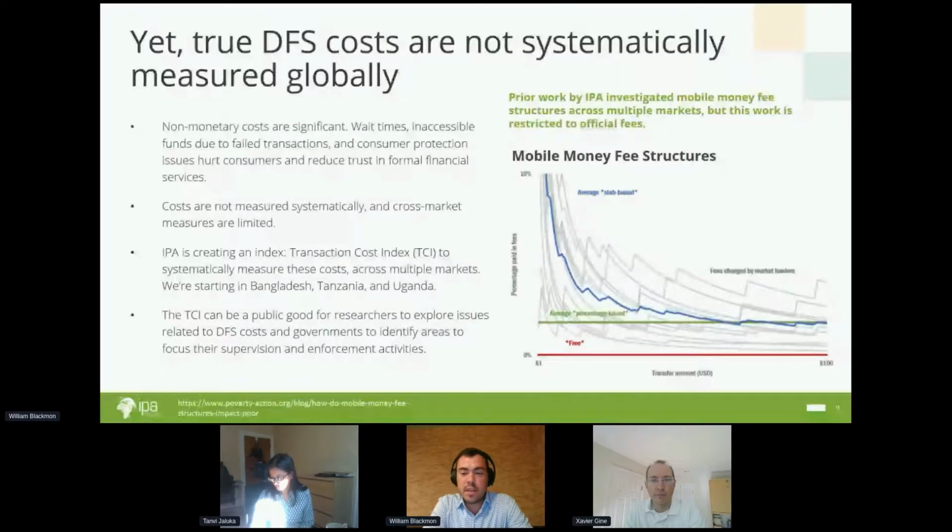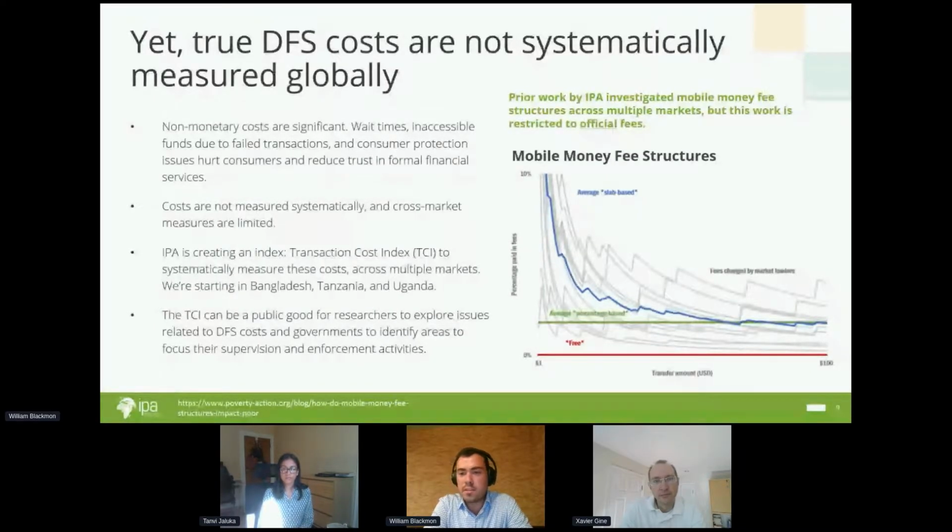If a transaction is unsuccessful at an agent, either because of liquidity constraints of the agent or network issues or something else, this can harm consumers because their funds are temporarily unavailable, and if they have an urgent need, an emergency, then not being able to access their funds is a serious issue.